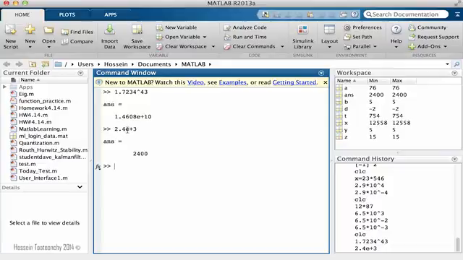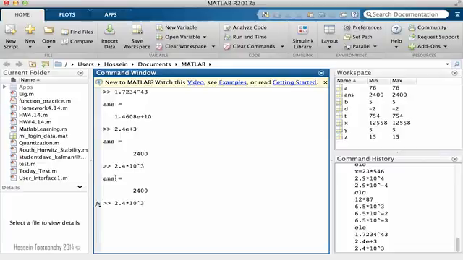So we can conclude that e plus 3 stands for 10 to power 3. It's another form of writing this. If I say 2.4 multiplied by 10 to power 3, you'll notice the result is the same. I can write it both ways.